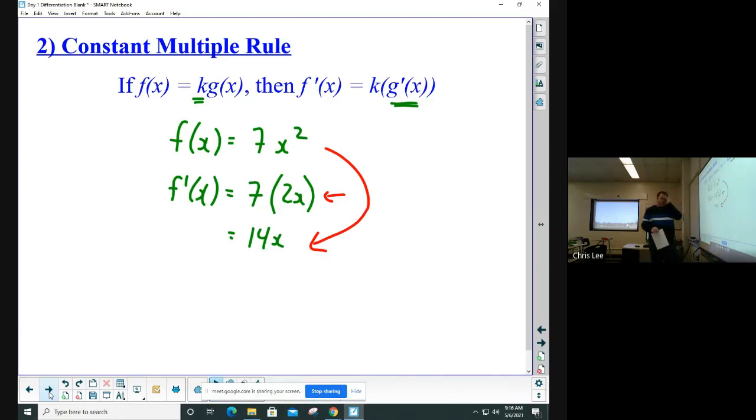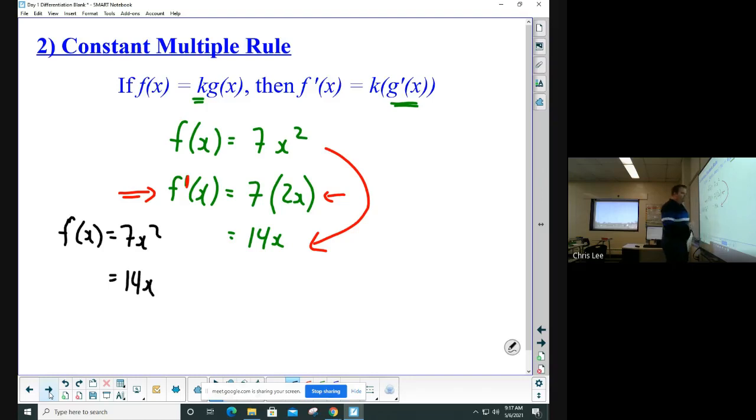One other thing you'll notice is my notation, and the notation is extremely important. You see that when I take the derivative, I have to have this little part here, okay? And I need to tell the reader that I'm taking the derivative. What I don't want to see is this. Questions like this, where it's 7x squared, so f of x is 7x squared, and the person under says, oh, they just do this. That is wrong.